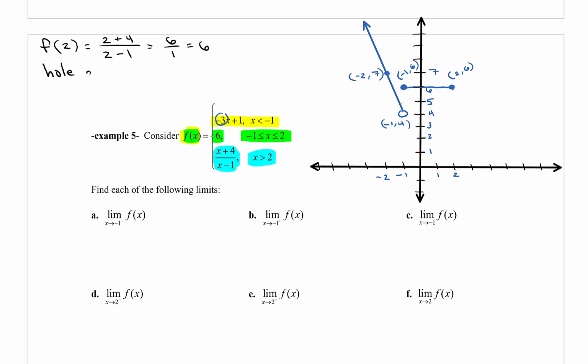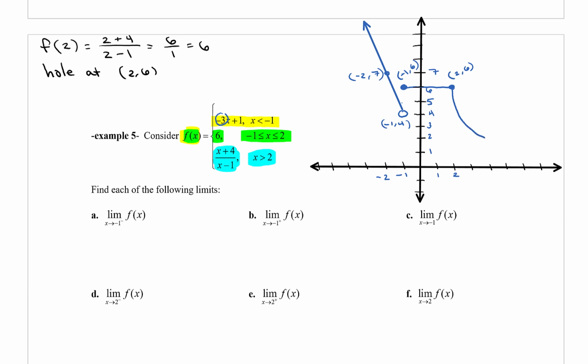So I know that the inequality is strictly greater than 2 for that third piece, but I'm trying to find where the open circle is located. I can tell there's going to be a hole at 2, 6. So I'm going to go ahead and draw my open circle at 2, 6.